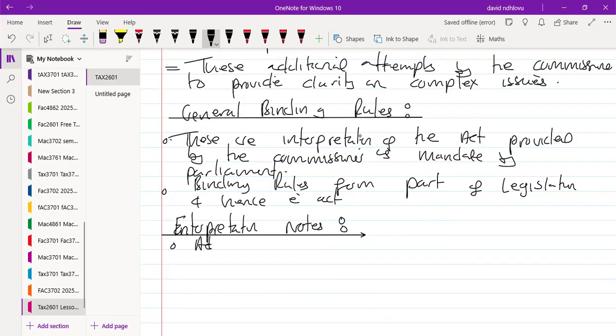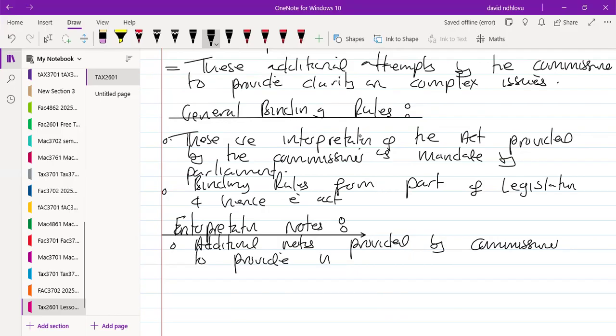These are additional notes provided by the commissioner to provide more info on complex tax issues.